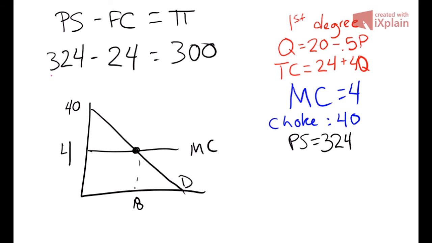So your variable costs would be this 4 times 18, which is 72, plus your fixed costs as we calculated before, that 24. Right, so you have your variable costs, your fixed costs, and that is equal to your total cost of 96. So you could say, okay, total cost is 96.